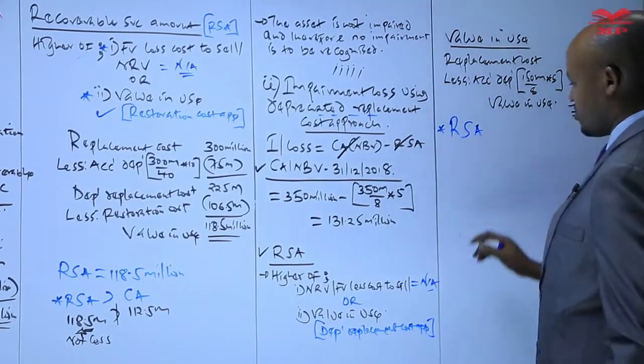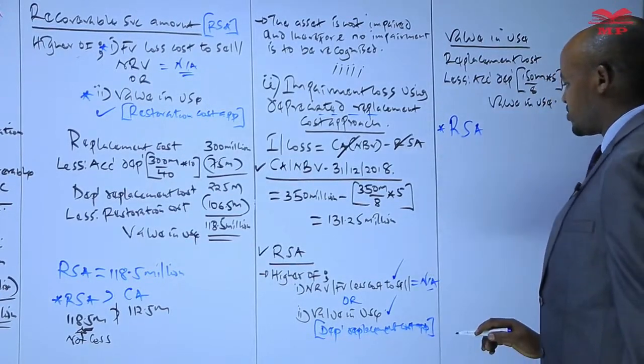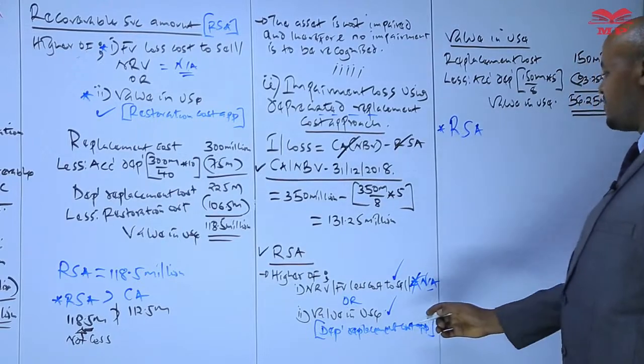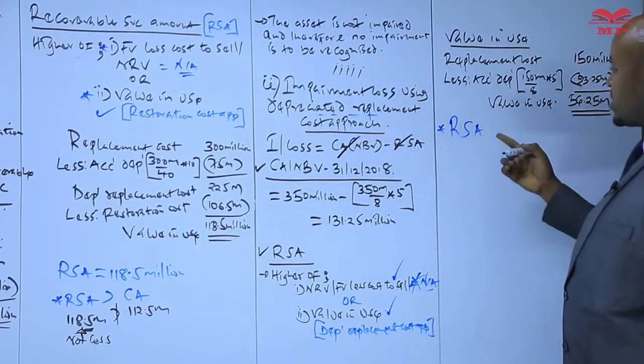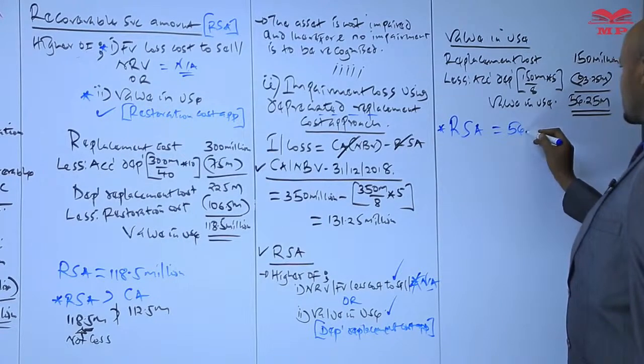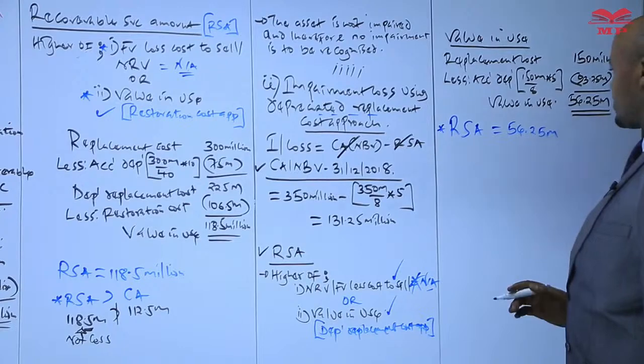You should take the higher of the value in use and the fair value less cost to sell. In our case, remember, we don't have that, so automatically our recoverable service amount will be equal to the value in use, 56.25 million.